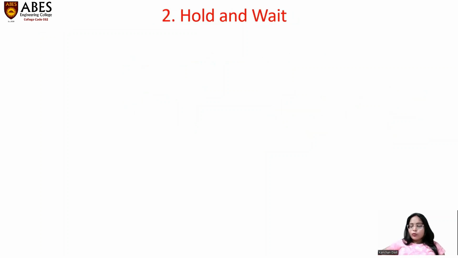Now hold and wait. What is hold and wait? Here P1 has a request on R1 and it has R2 allocated to it.